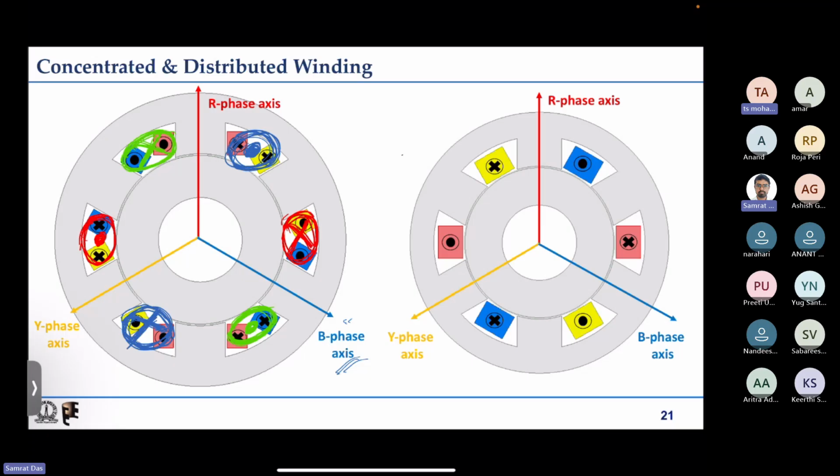For example, for the R phase, you have utilized a top and a bottom. Rather than that, you can just divide the entire machine into three parts, and you can just use that part. Why do we have to separate it out?